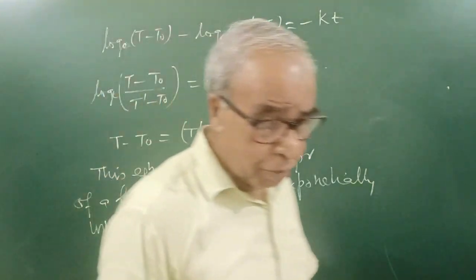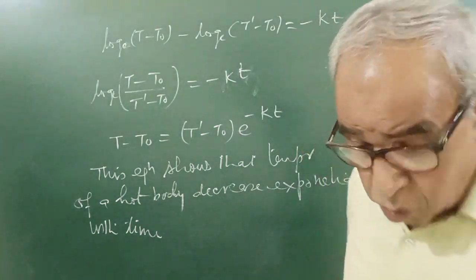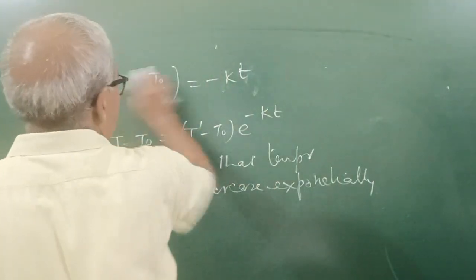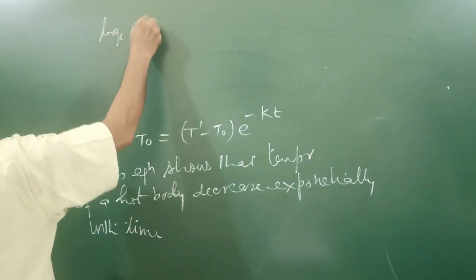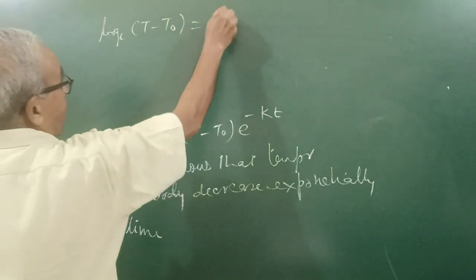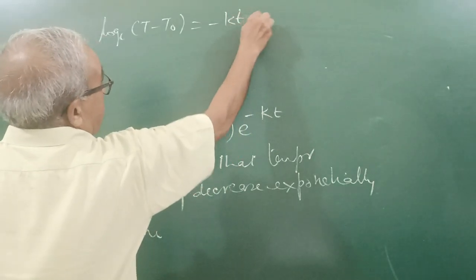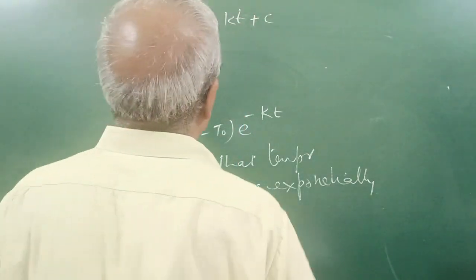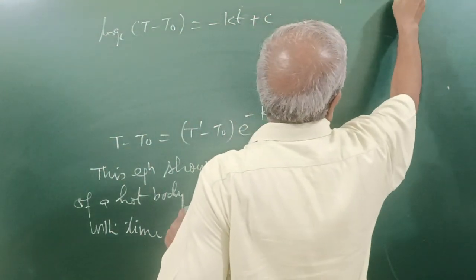Now, there is one equation here that we derived: log base e of T minus T0 is equal to minus kt plus C. If we plot a graph between t and this, actually there is the equation y equal to mx plus c.